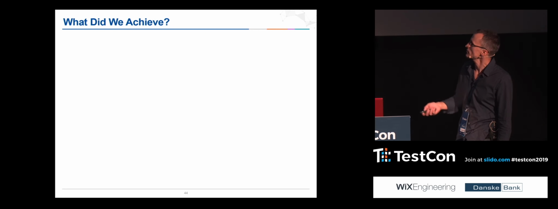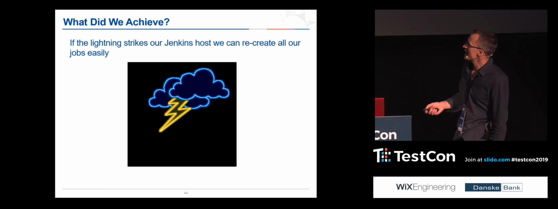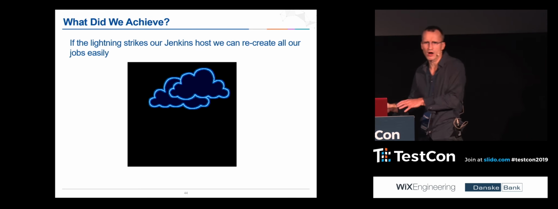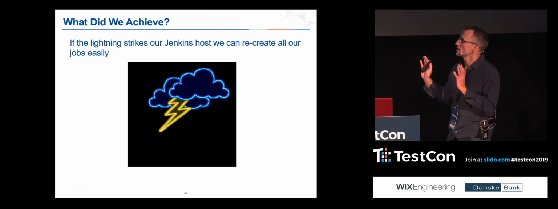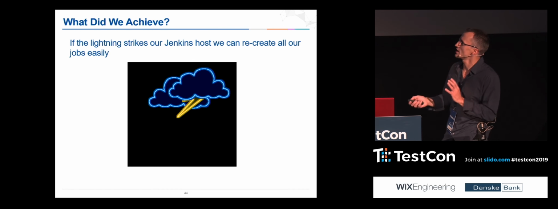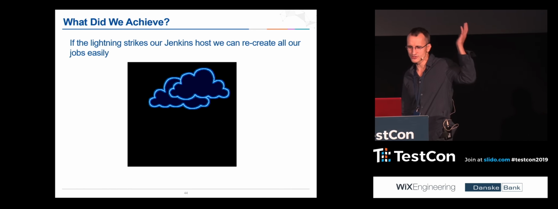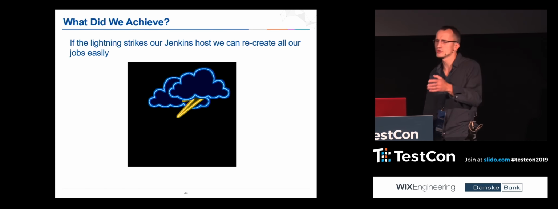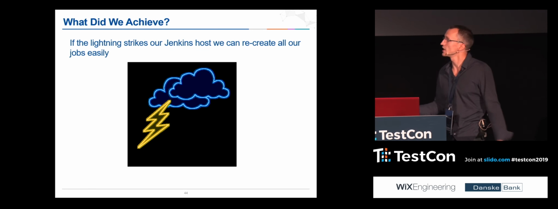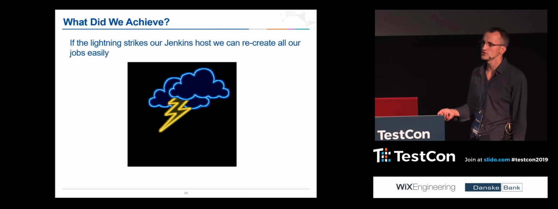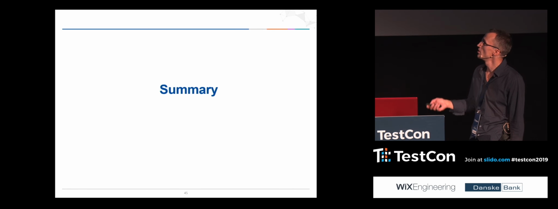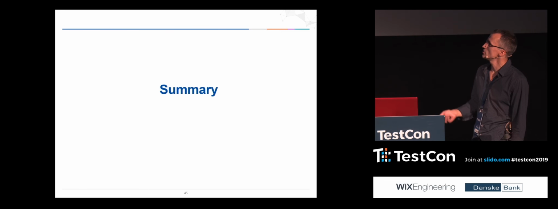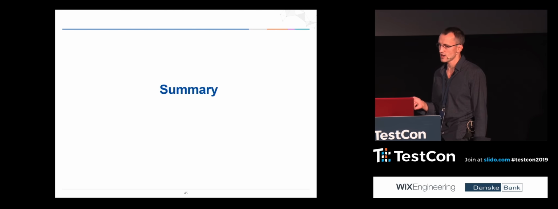And the last thing is that if anything happens to our Jenkins host, for example, lightning strikes it and it's down, you can regenerate all your jobs. You can recover all your jobs without any effort. You just get your files, your scripts from your SCM, right?